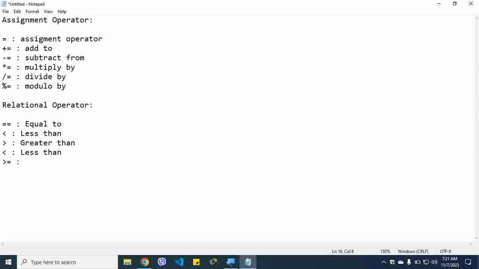Okay, first less than or equals to. Sorry, less than is already there. Less than or equals to. Or greater than equals to. Greater than or equals to. This is not equals to. So see, this double equal to means exactly equal to, not even a single digit or anything that can make a difference.